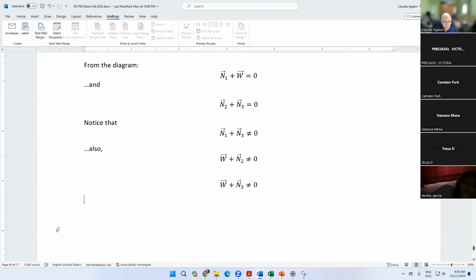We have similarly for the weight. Notice that, oh my goodness, I did something I shouldn't have done. Let's see. That's supposed to be N1 here. N1 right here. Good. Likewise for the weight.